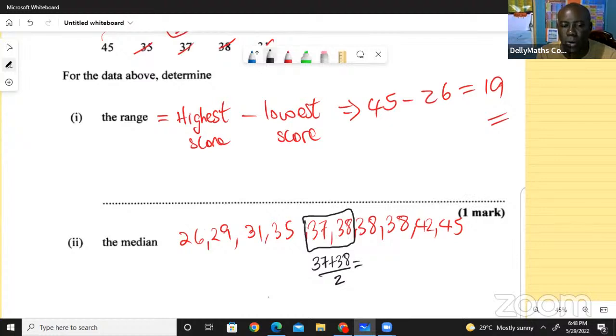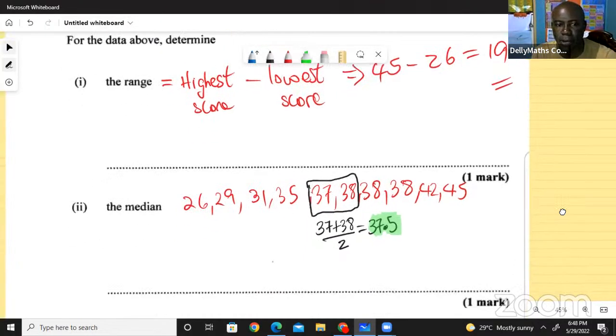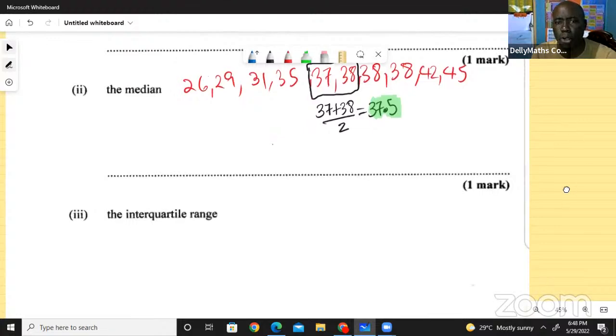So you're seeing where we're going to get 37.5. So our median is 37.5. All right? 37.5 is the median. Very good.